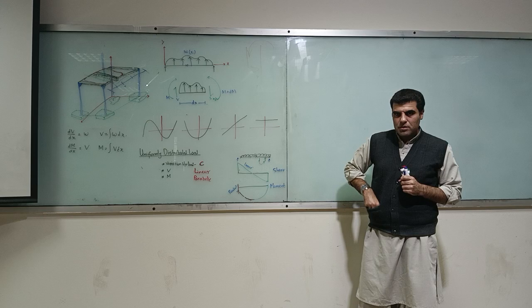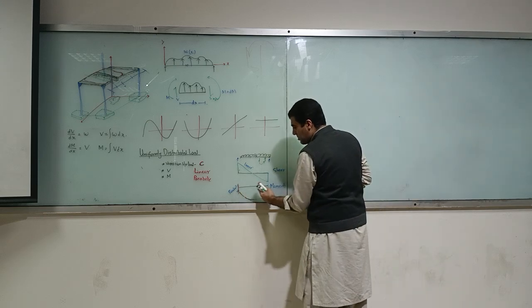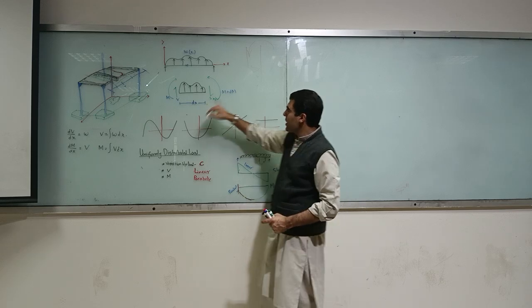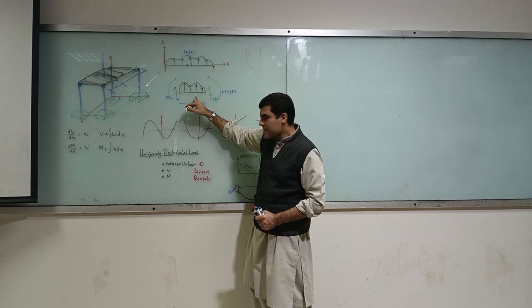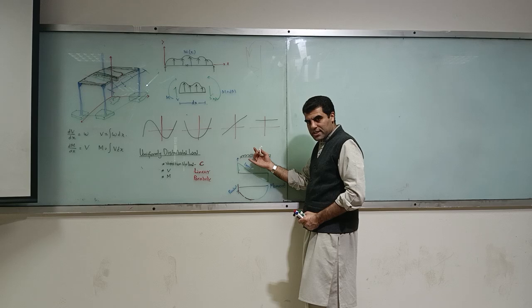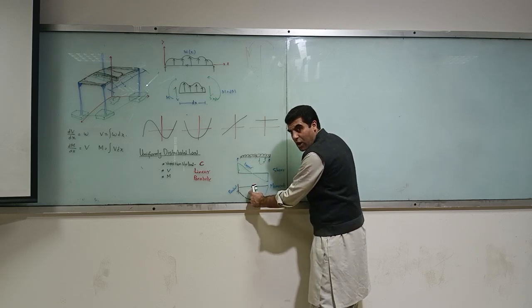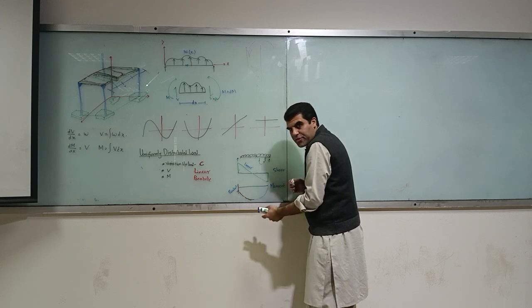If we take tension positive, then the BMD will be in the positive direction. If you consider this as a hogging moment, and a sagging moment as positive, then it will be on the top side, on the other side. But I'm considering it opposite. I'm considering my bending moment on the tension side.